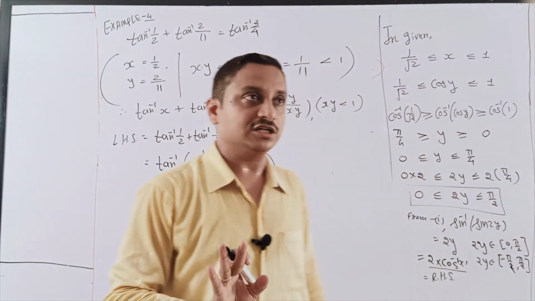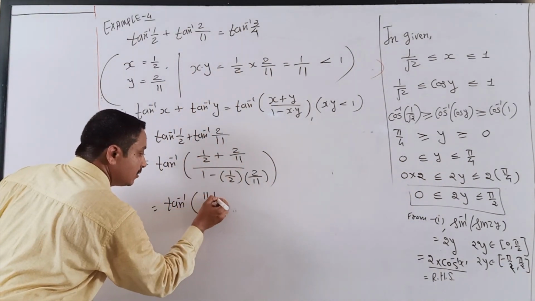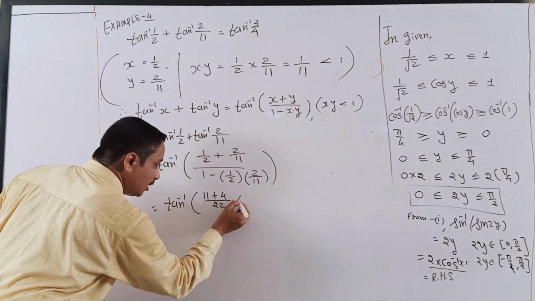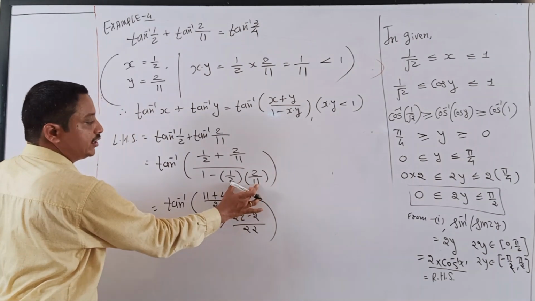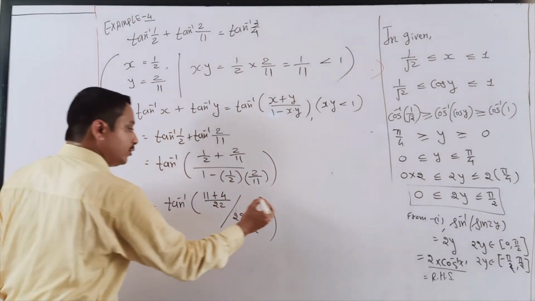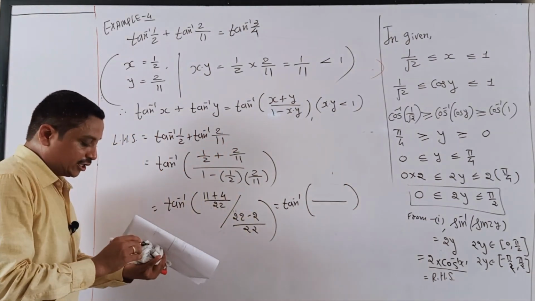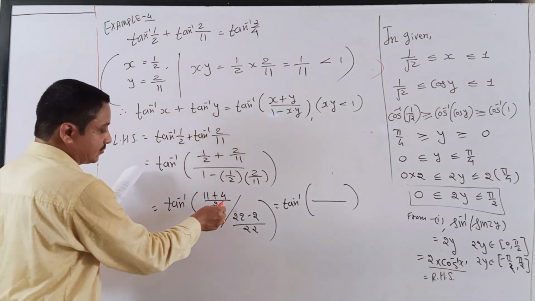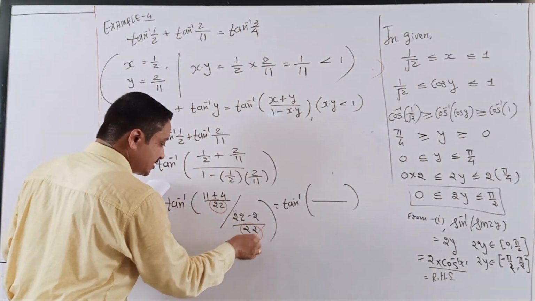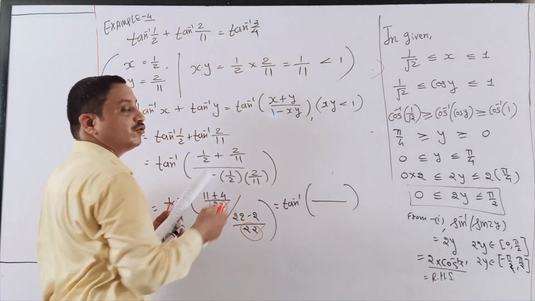So finally you get tan inverse of 11 plus 4 by 22 upon here also 22 minus 2 by 22. What do you get? Look at this, 22 and 22 both cancel. What is 11 plus 4? 15. 3 by 4 is coming.